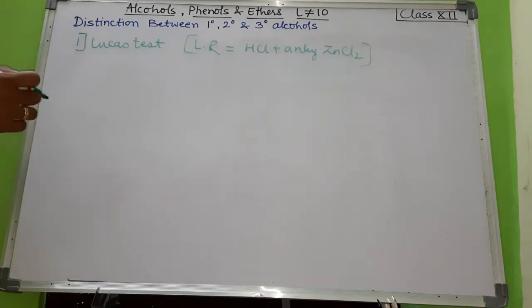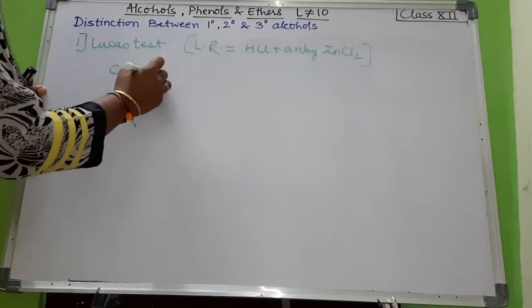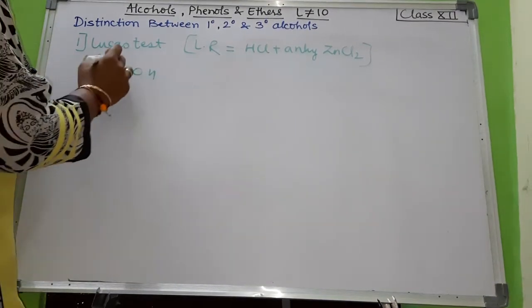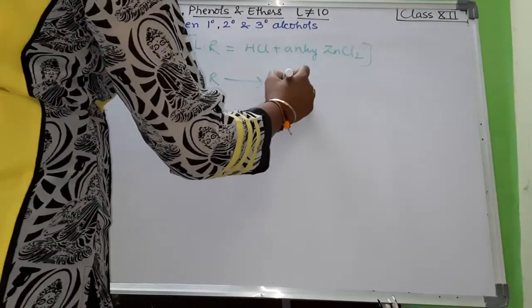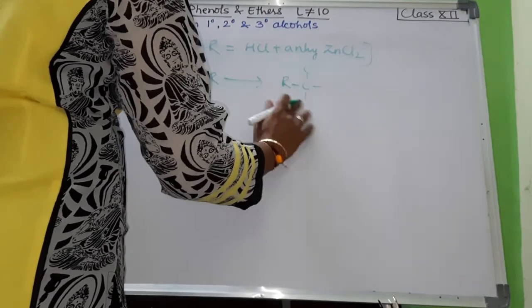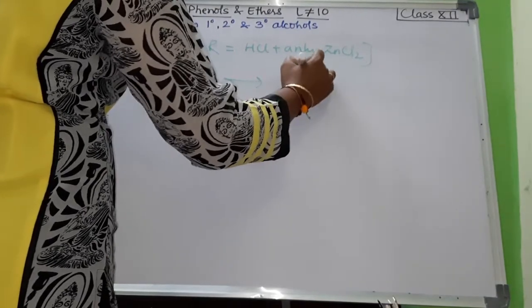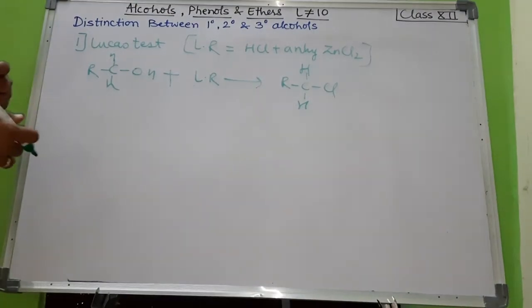Now, what happens whenever an alcohol is treated with Lucas reagent? It always forms an alkyl halide, and the alkyl halides being insoluble, they give turbidity to the solution, and this turbidity indicates the formation of the alkyl halide.